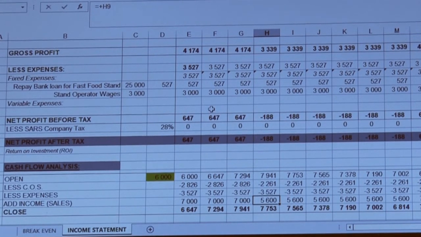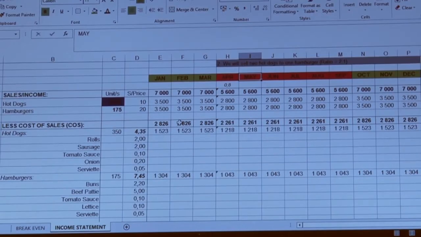And therefore, we've made a slight loss of 188 Rand, which carries forward through to the April month over here, or the May month. Can you see that going there? So this figure, 7,753, which is our closing balance, carries forward to our next month, which is 7,753 there as an opening balance. Okay, so my figures in red here are indicating where we've got 20% less sales in the winter months than we do in the summer months, for example.